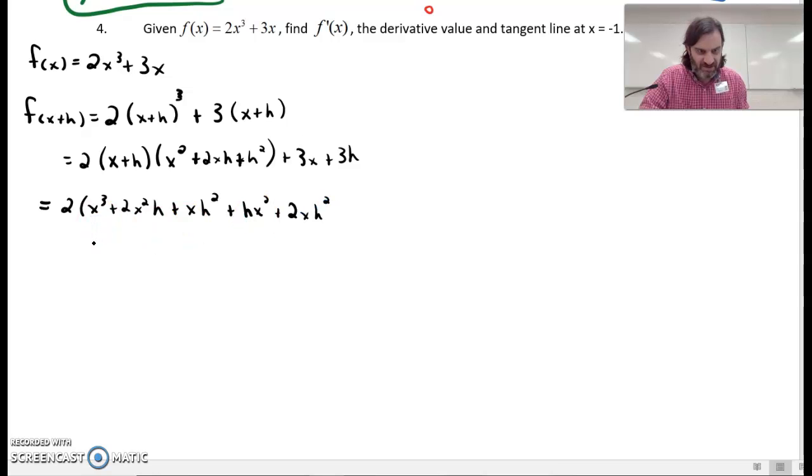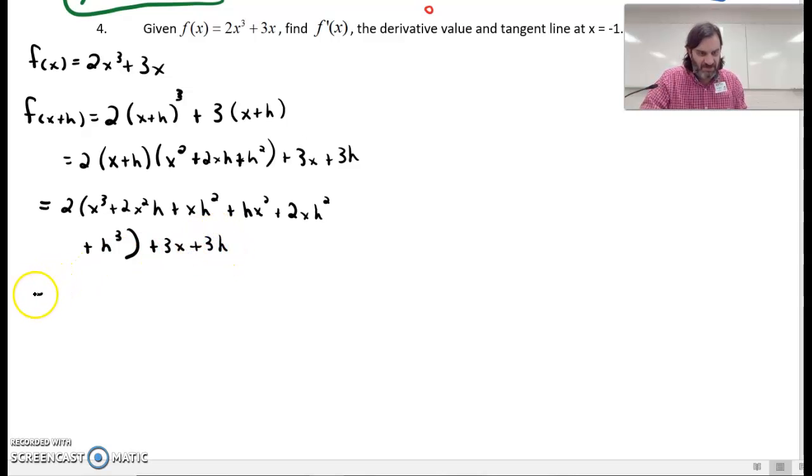We're going to join on another line down here, plus h cubed. I should have 6 terms here. 1, 2, 3, 4, 5, 6. Okay, and we'll close that parentheses. Then it'll be plus 3x plus 3h.